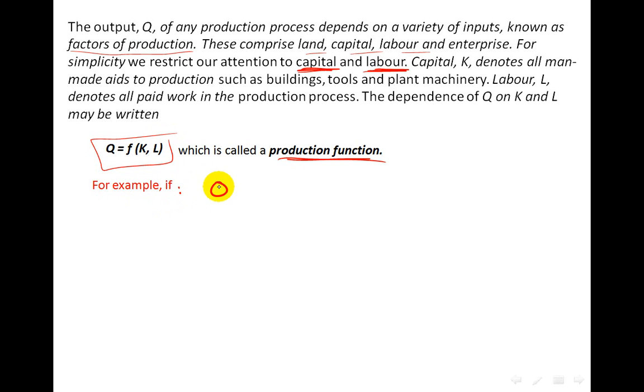If Q equals, as a function, 100 K to the power of 1/3 L to the power of half.